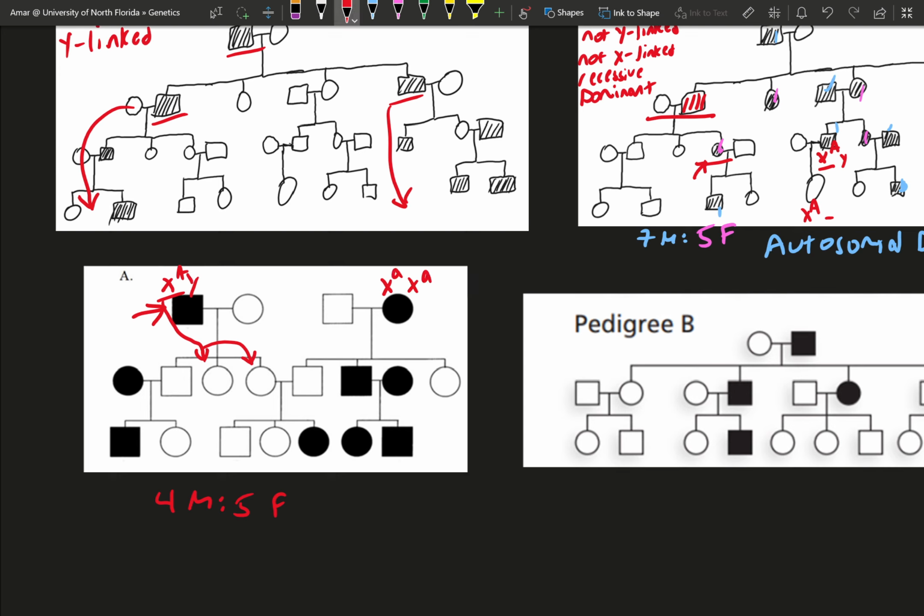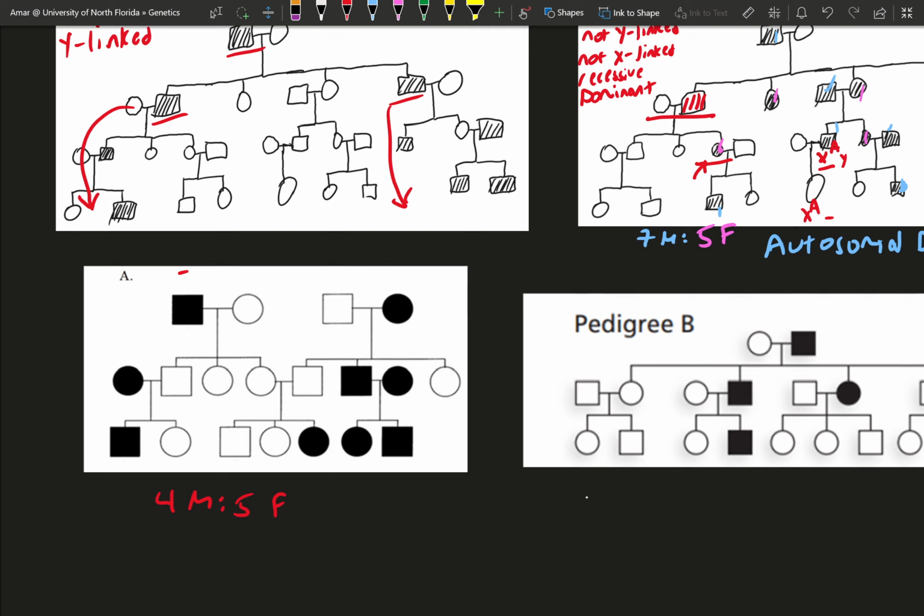If this trait on the left is due to X-linked dominancy, then all of his daughters would have had to have been affected with that big XA gene. On the other hand, if you look on the right, this will be a marker for X-linked recessiveness. If she was X-linked recessive, she would have to give this X little a to all of her sons, which she hasn't. So it's not any of the X-linked modes of inheritance. So this has to be an autosomal mode of inheritance.